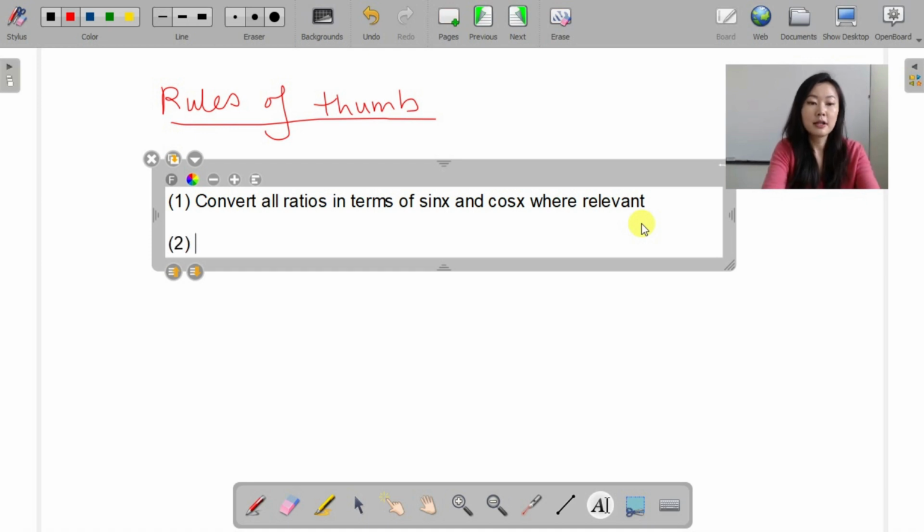Rule number 2. If there are multiple terms on one side, which ends up being one single term on the right side, most likely there is some sort of fractions, and you have to make things in one fraction and simplify. Okay, so I'll just say on left-hand side generically.